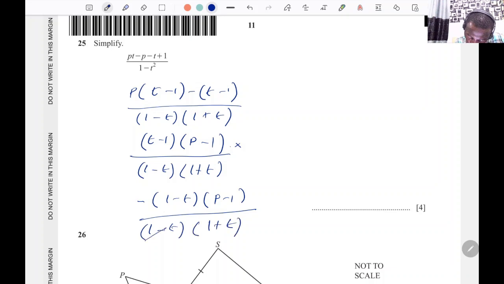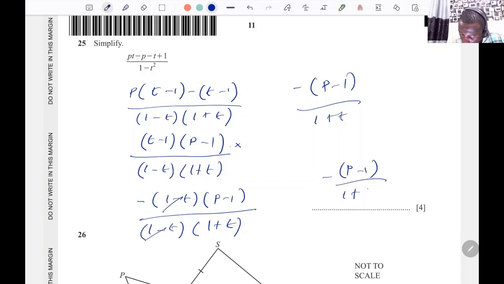So this will cancel this for me. I have minus p minus 1 all over 1 plus t, and that's my answer.